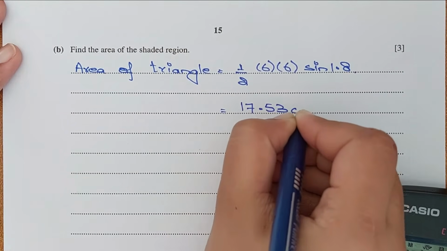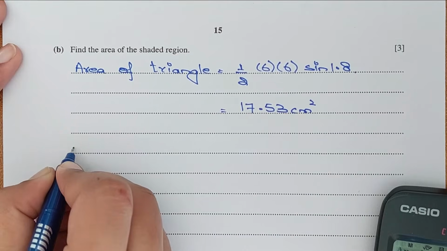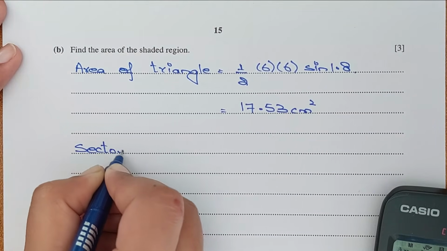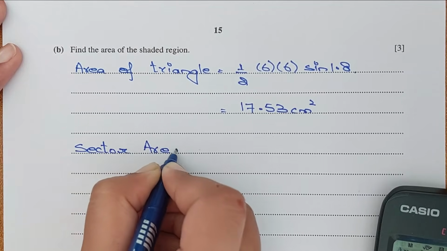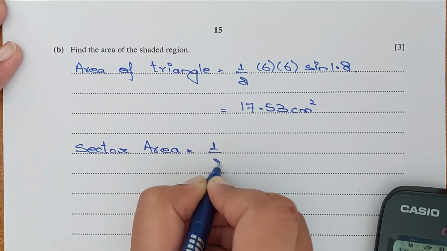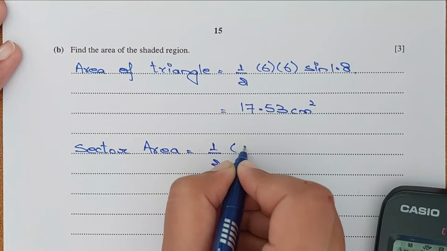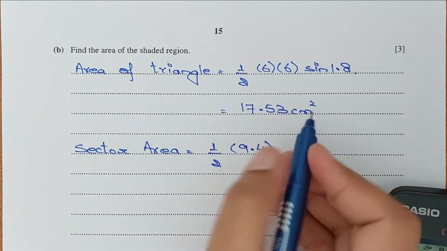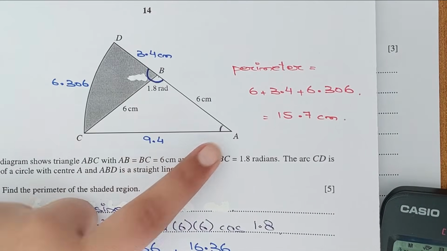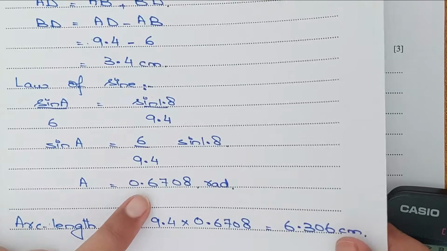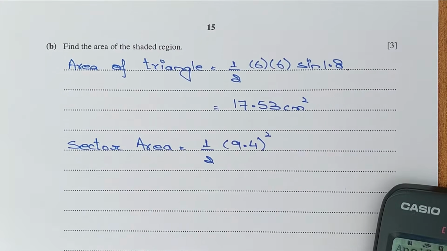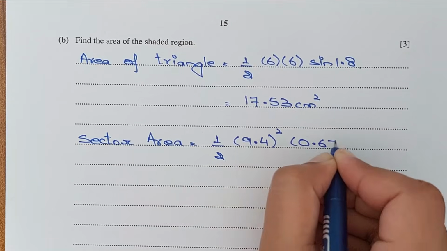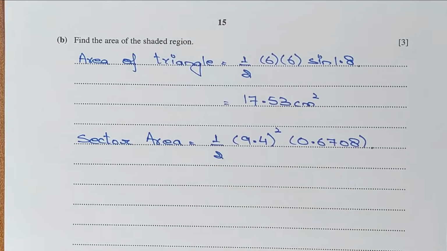17.53 centimeter square. Now let me find the area of a sector. Area of a sector of a circle equals half radius square theta. Radius of the sector is 9.4, and theta is angle A, which we got as 0.6708 radians, right?